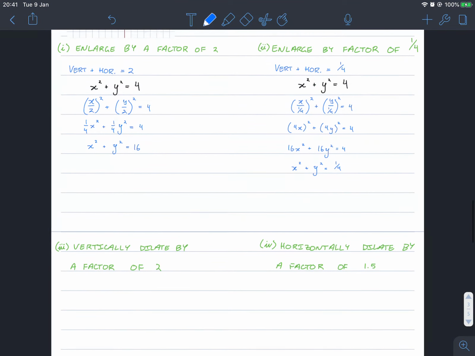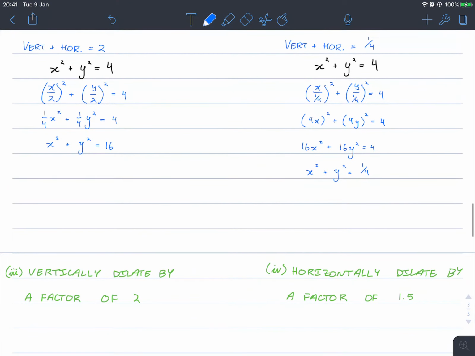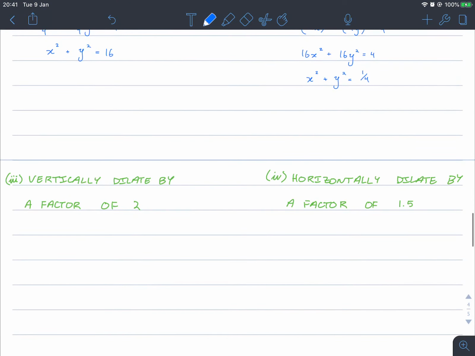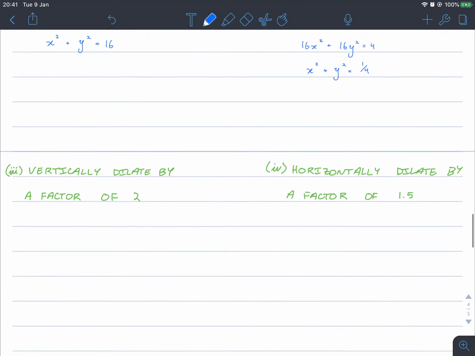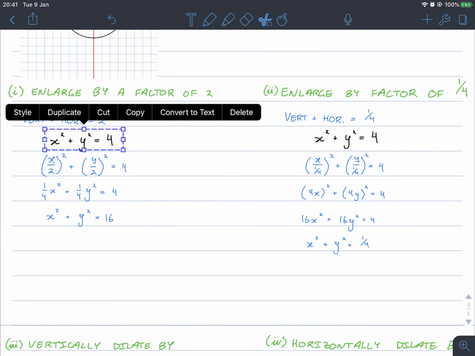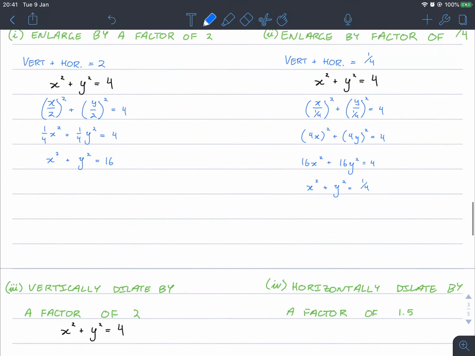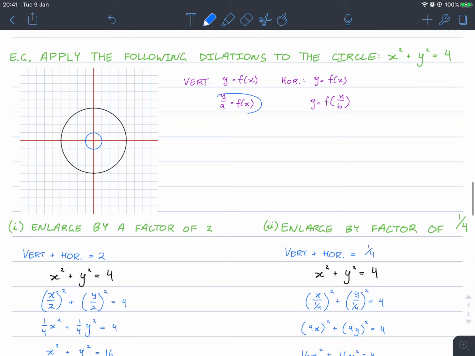Okay, now we're going to see that we can apply dilations singularly, vertically and horizontally, even to non-functions. So here we go. Here's our relation. And we're going to apply a vertical dilation by a factor of 2. Vertically, we replace y with y on a.